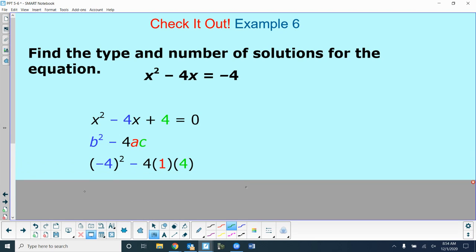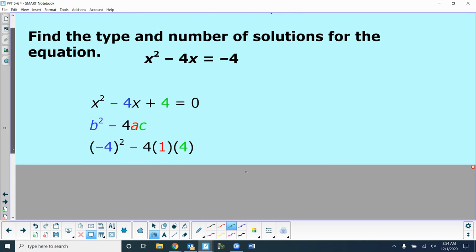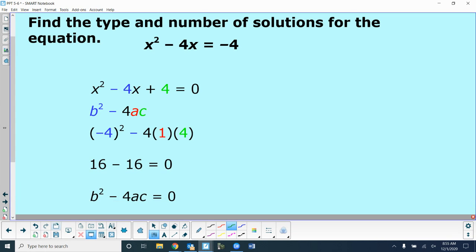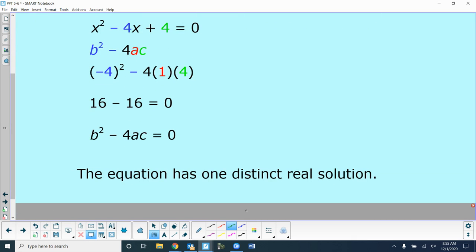Again, I would use parentheses like they did. -4 squared is positive 16. -4 times 1 times 4 is a negative 16. That comes out to what? 16 minus 16. 0. So how many solutions? 1 real solution. Okay?